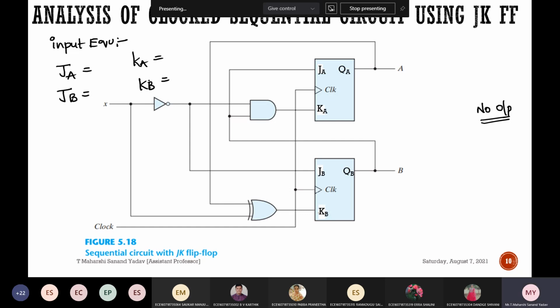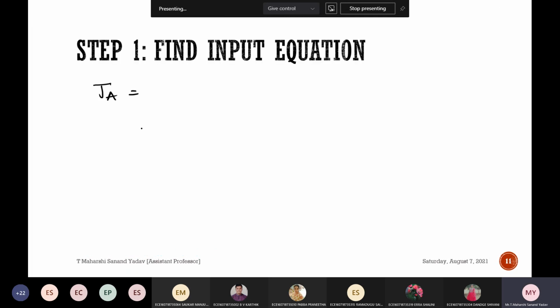What is the answer for JA? Where is it connected? This node is connected here, to B. So it will be QB. So JA is QB.